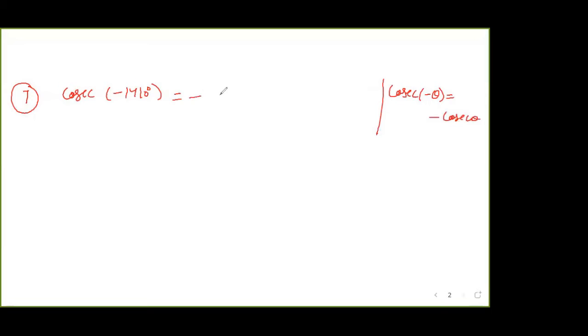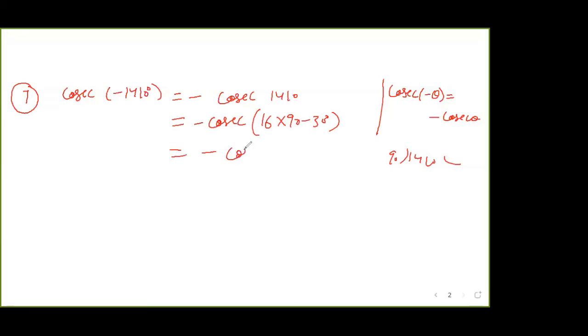So you can write minus of cosecant 1410, and when you take the multiple of 90, divide 1410 by 90. That comes out equal to 16 into 90 minus 30 degree, so this is minus of cosecant of minus 30.